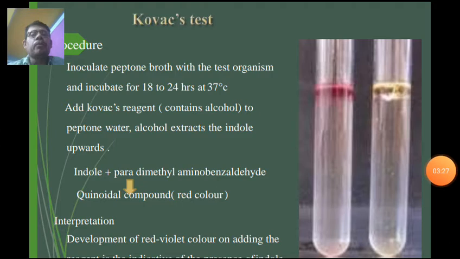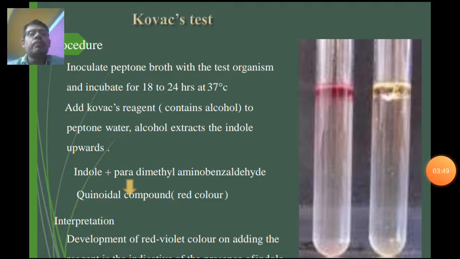This is the test procedure. Inoculate peptone broth with a test organism and incubate for 18 to 24 hours at 35 degrees centigrade. Add Kovacs reagent, which contains alcohol, to the peptone water extract. Indole reacts with para-dimethylaminobenzaldehyde and a red compound is formed.